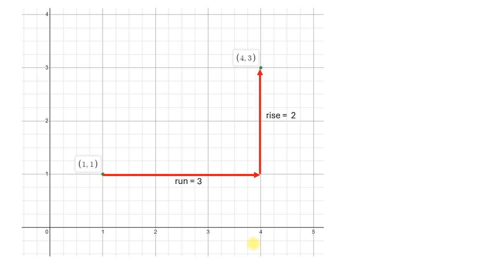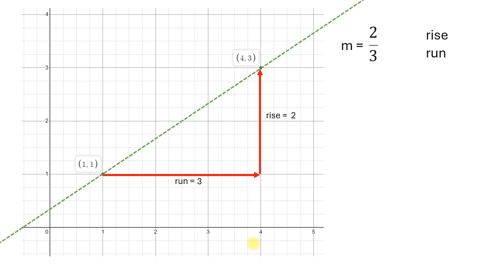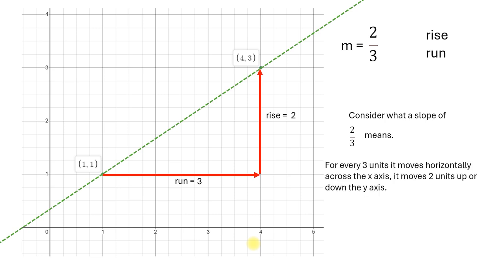Given that the slope is measured as rise over run, we can say that the slope of this particular graph is 2/3. Now let's consider what that means, a slope of 2/3. What it means is that for every 3 units that we move along the x-axis, we are moving, in this case, up 2 units along the y-axis.